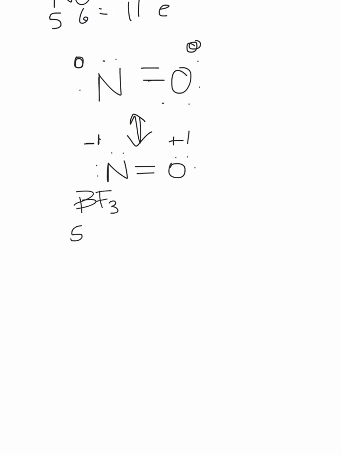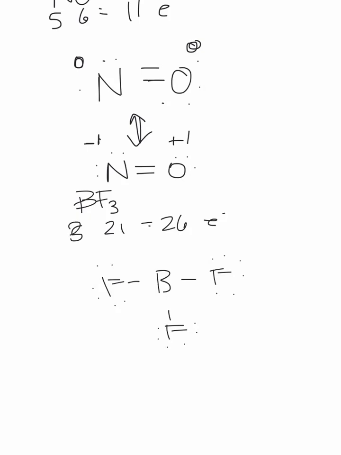We have 5 and 21 to give us 26 electrons. But if we draw out our skeleton structure and complete the octets for each fluorine, we have the desired amount of valence electrons, and all of our atoms have formal charges of 0.